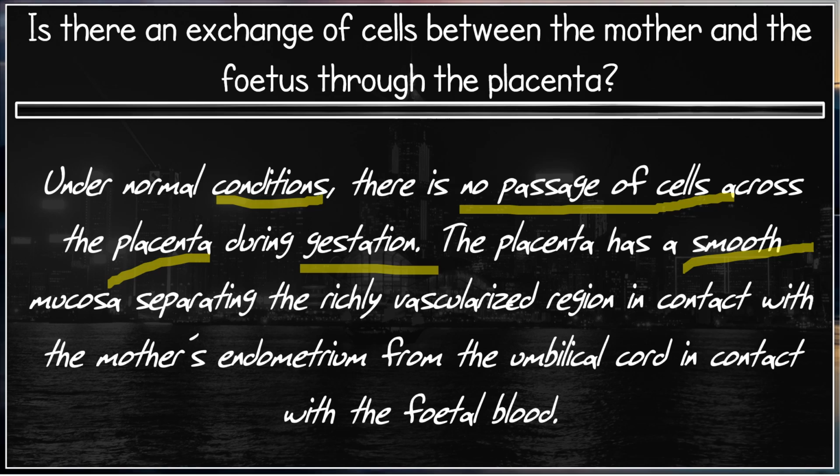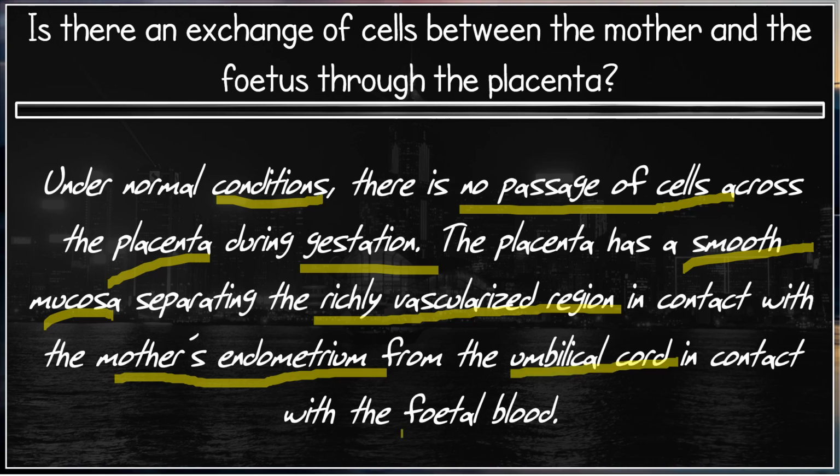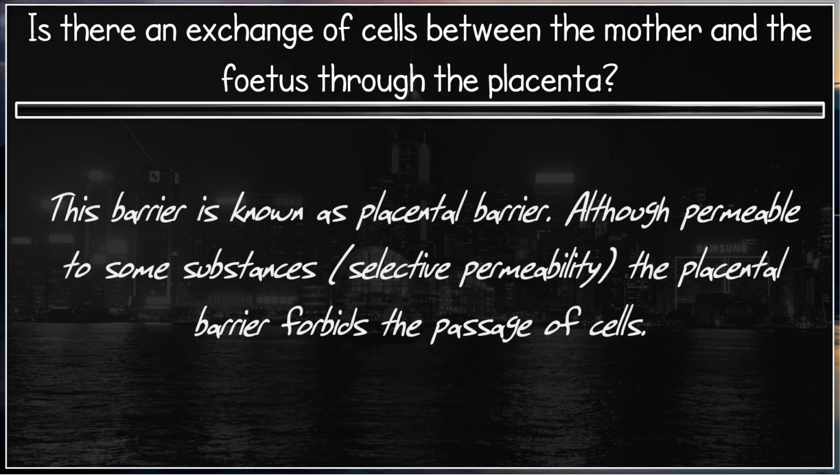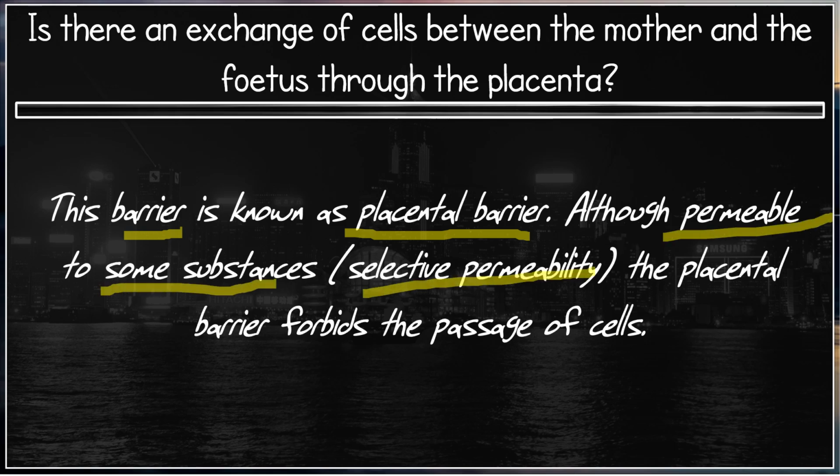The placenta has a smooth mucosa, separating the richly vascularized region in contact with the mother's endometrium from the umbilical cord in contact with the fetal blood. This barrier is known as the placental barrier. Although permeable to some substances, that is selectively permeable, the placental barrier forbids the passage of cells.